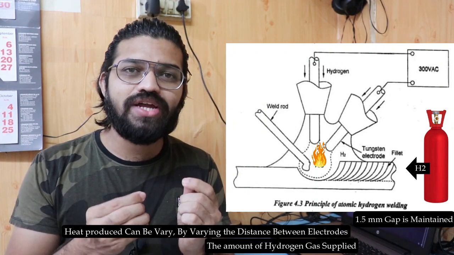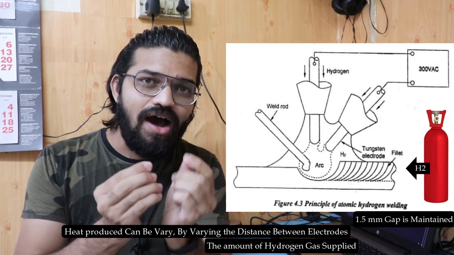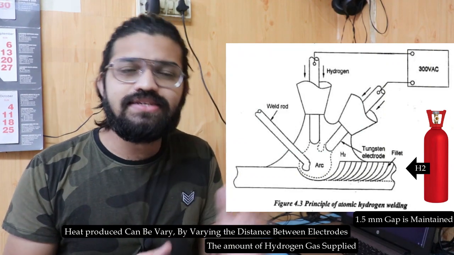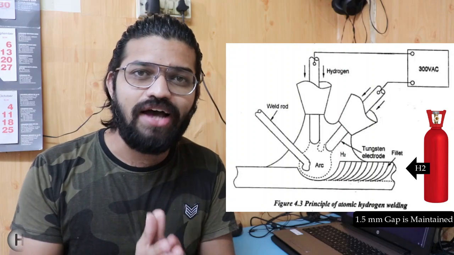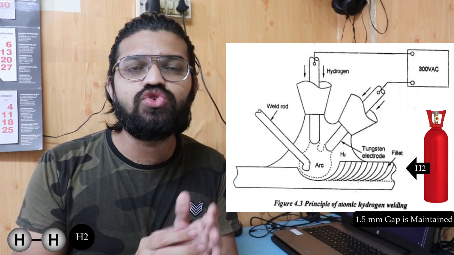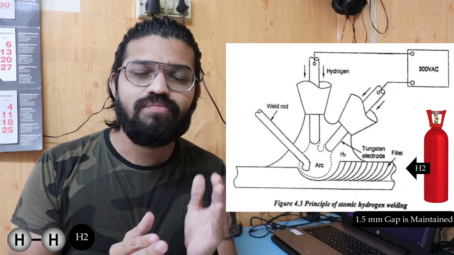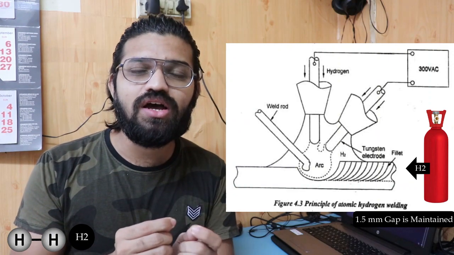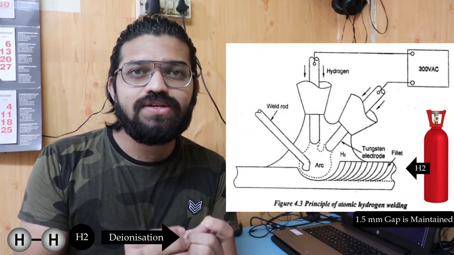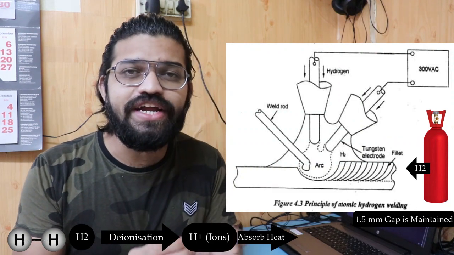Basically guys, this hydrogen gas comes in contact with the arc which gets produced over here, and when the arc and the hydrogen gas come in contact with each other, the hydrogen gas, which exists in the diatomic form, such as H2 molecules, due to the heat produced by the arc, gets dissociated into H plus single ions, and those H plus single ions absorb the heat from the arc.